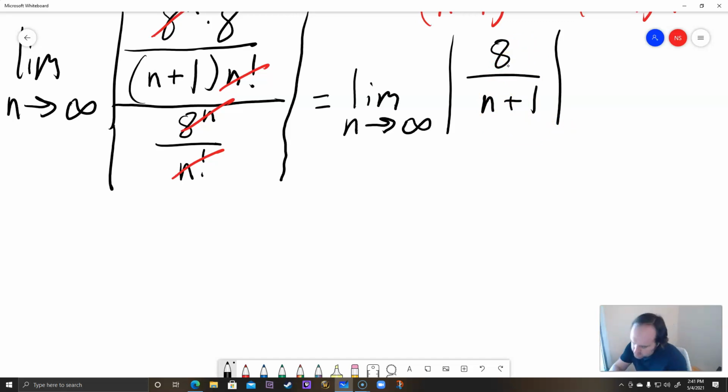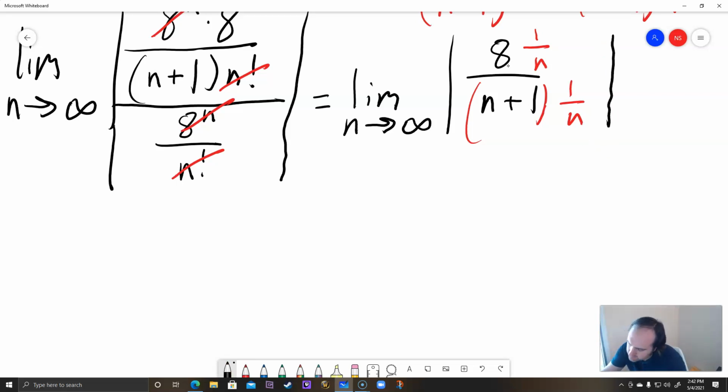So if we go ahead and multiply on the top and the bottom by 1 over n, then what's that going to give us?